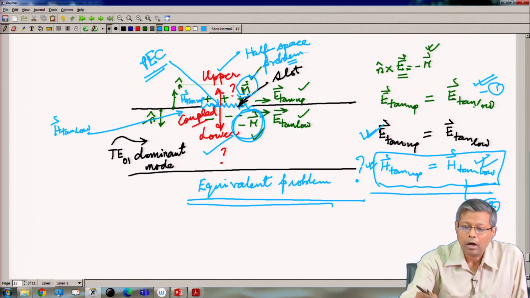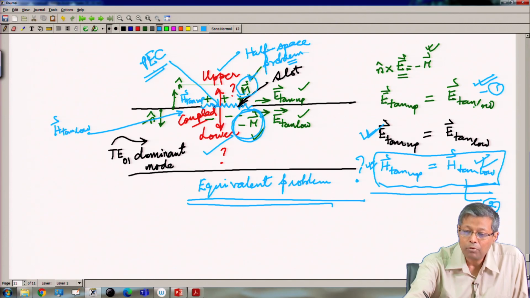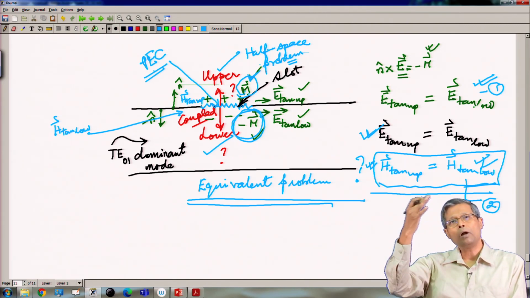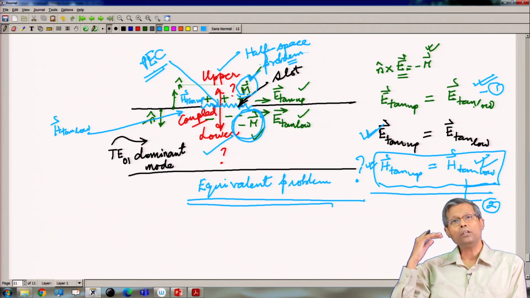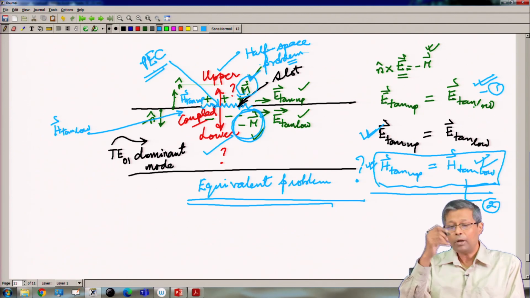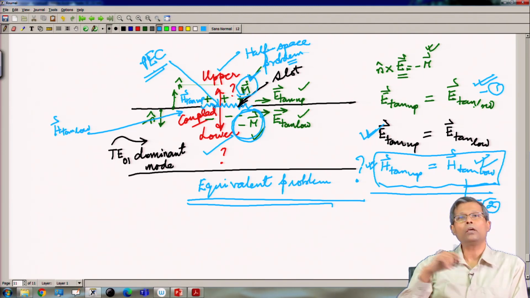Now, I need to find out the radiated magnetic field for the upper part of the problem, but I do not know the magnitude of the magnetic current.